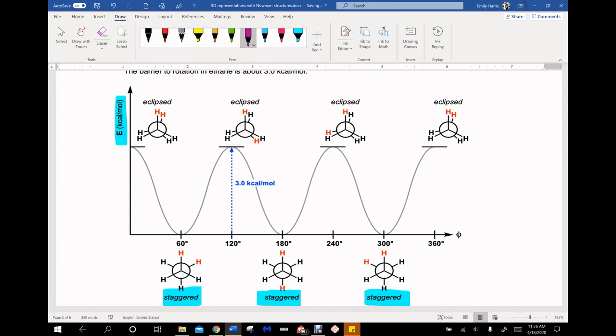So as we track the graph, the eclipsed conformations are at a higher energy, the staggered conformations at a lower. And as you keep rotating that bond, it passes through eclipsed to staggered, eclipsed to staggered, eclipsed to staggered. And that generates different levels of strain, which overall affects the molecule's relative energy.